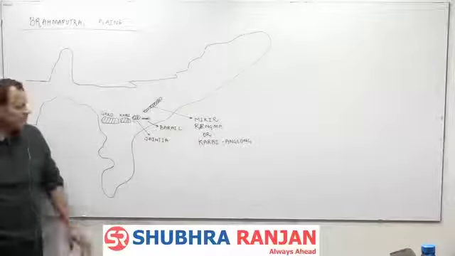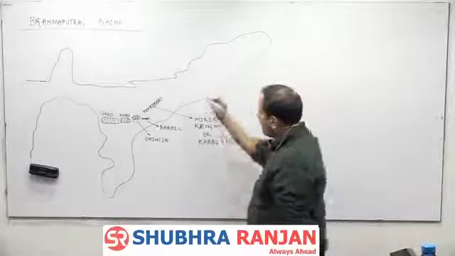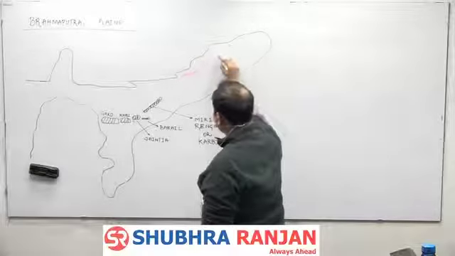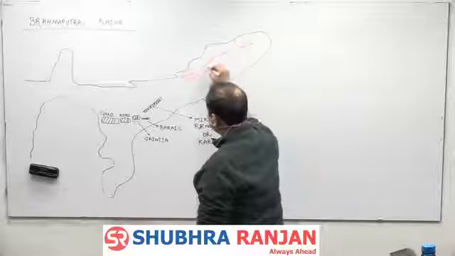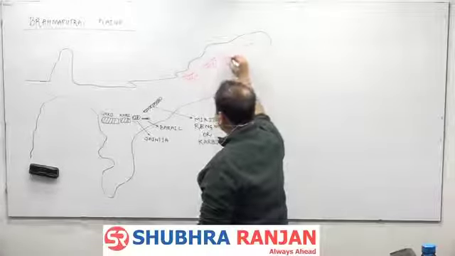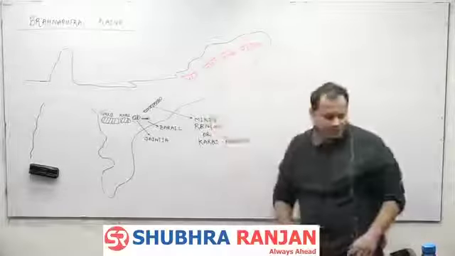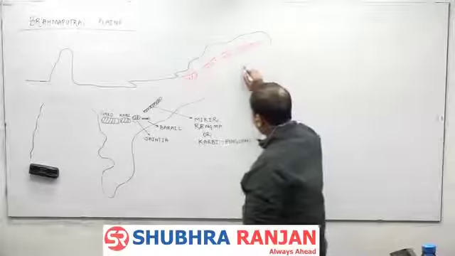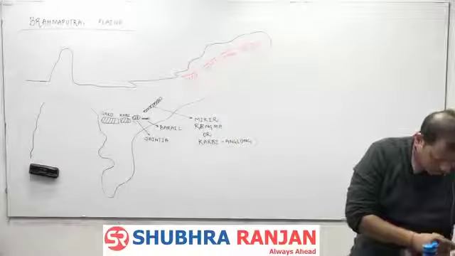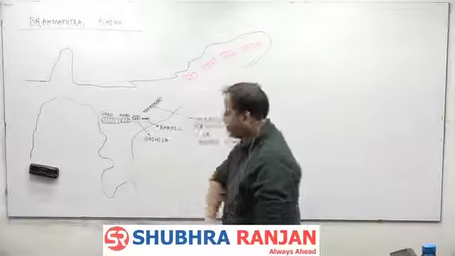Have you drawn this? All this black color which I have marked is peninsular plateau. Red color which I am marking is Shivaliks, and the blue color which I am marking is Purvanchal: Patkai, Naga, Manipur, Mizo. Understanding?